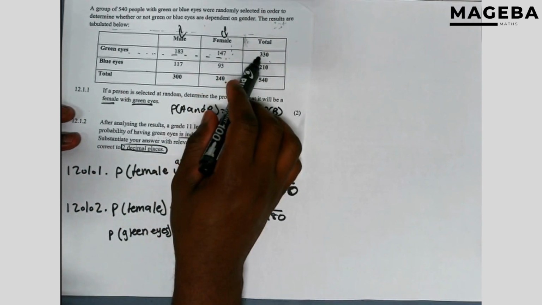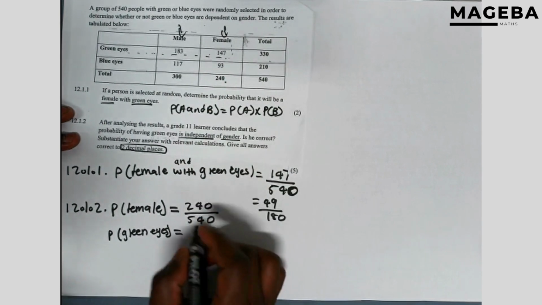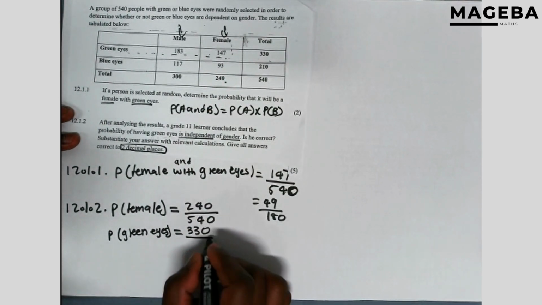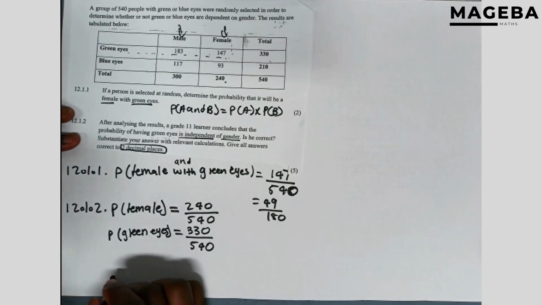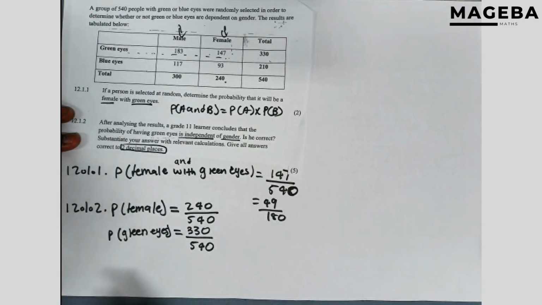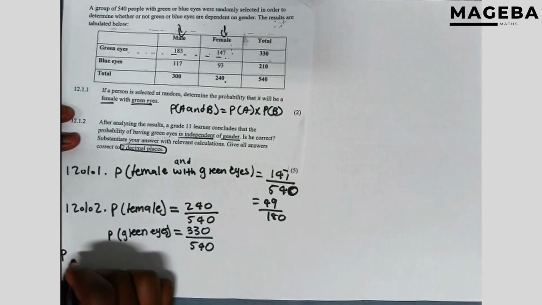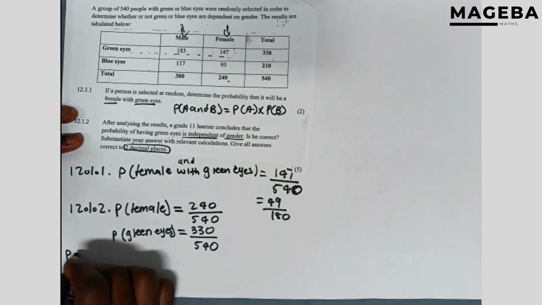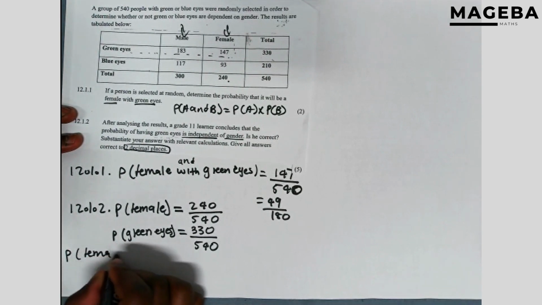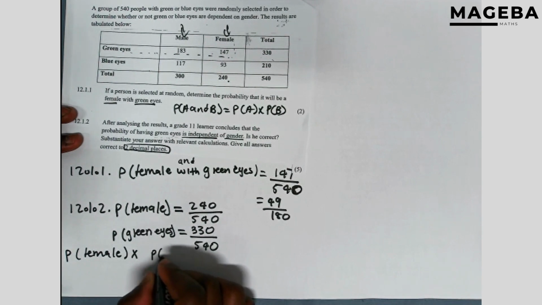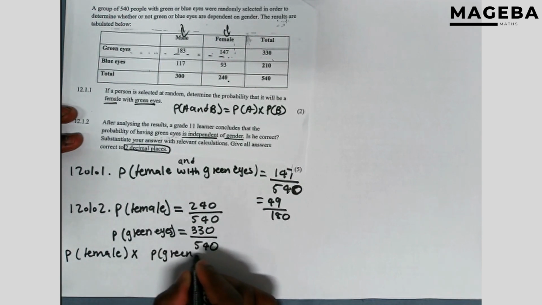Probability of just having green eyes. The total of having green eyes is 330, all over our total, which is 540. Now proving this, we need to times these two. The probability of a female times the probability of the green eyes.